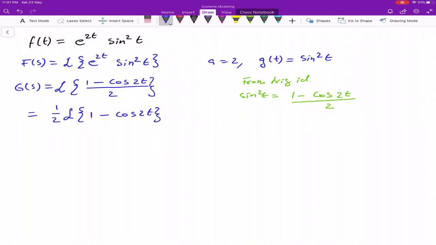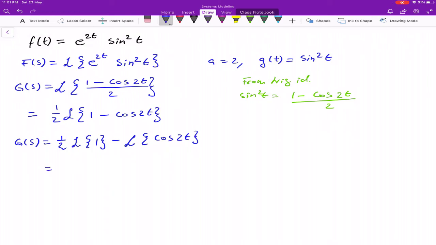And applying the linearity property of the Laplace transform, we can say that g of s is equal to a half times the Laplace transform of 1 minus the Laplace transform of cosine 2t. We know already what the Laplace transform of a constant is.